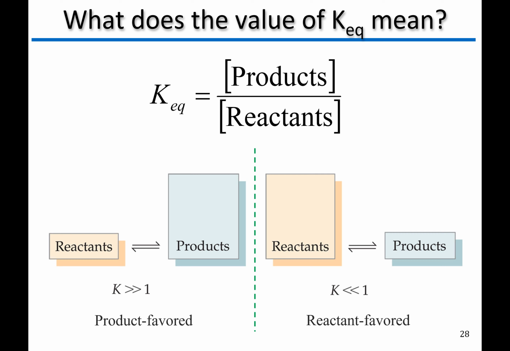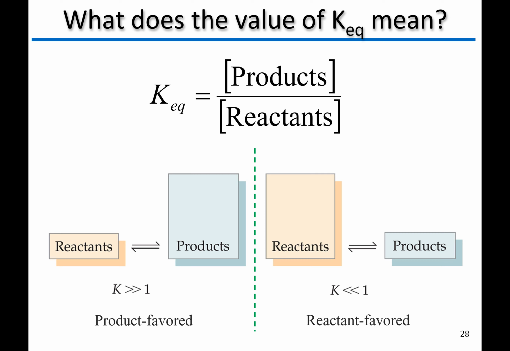That would mean that our numerator, the top part of our fraction, would have to be very large, meaning our forward reaction would be dominant, meaning we have lots and lots of products. So if we have a K value much, much bigger than 1, it tells us that the forward reaction is favored, or in other words, that the products are favored.